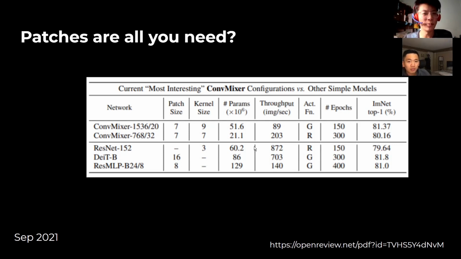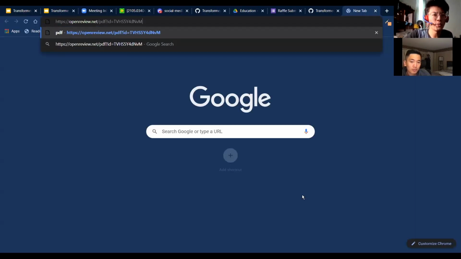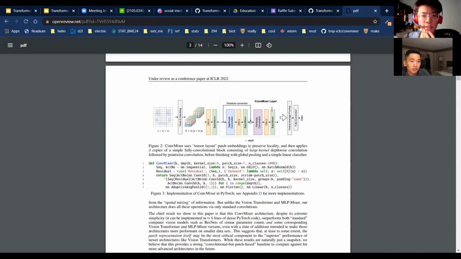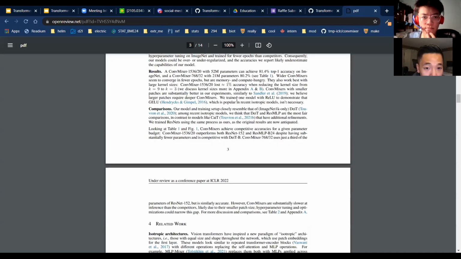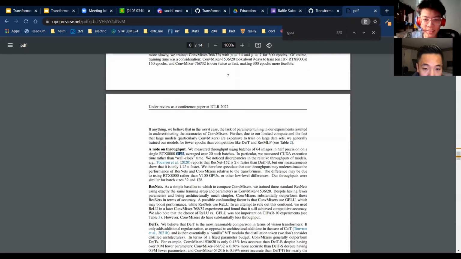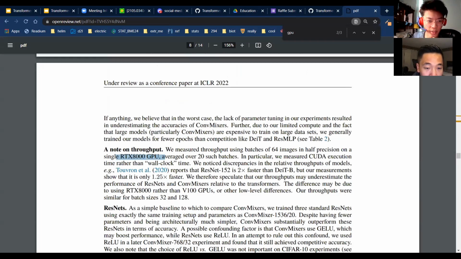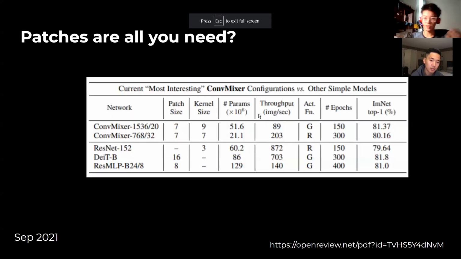I think we might be able to find that in the paper. Interesting. Single RTX 1000 GPU. I see. Yeah, so it's just slower when it comes to inferencing.